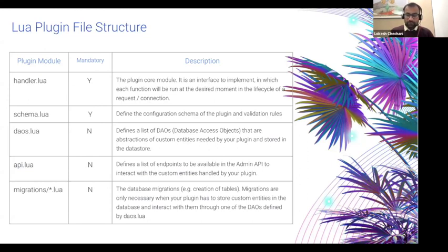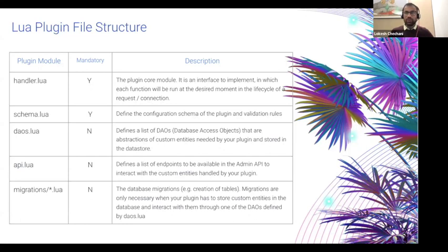The next three files are very specific to the use case. One is, for example, the DAOs. If you have a very custom requirement, where you want to create new tables or hold data via the plugin, this is where you need to implement those data access object Lua modules.